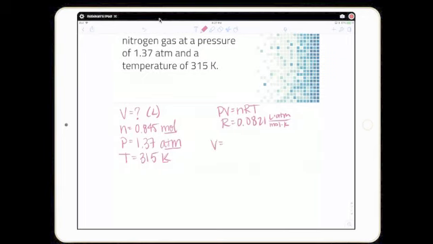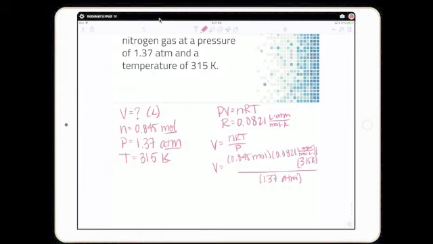So volume is equal to nRT over P. And then volume is equal to 0.845 moles times R times T, 315 Kelvin, over 1.37 atm.